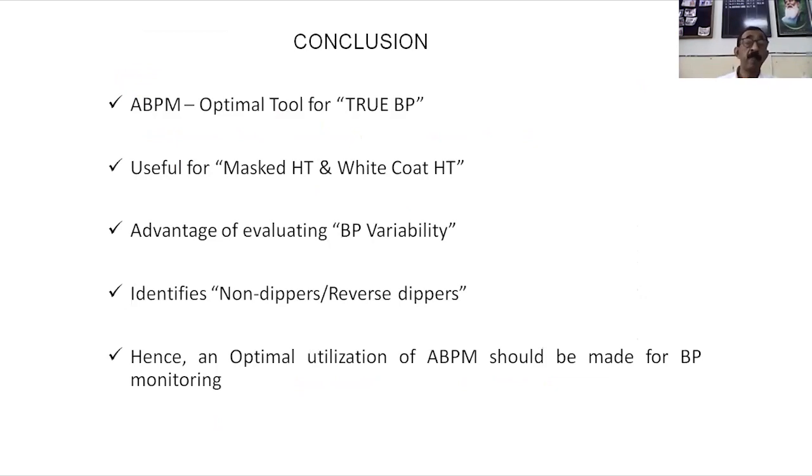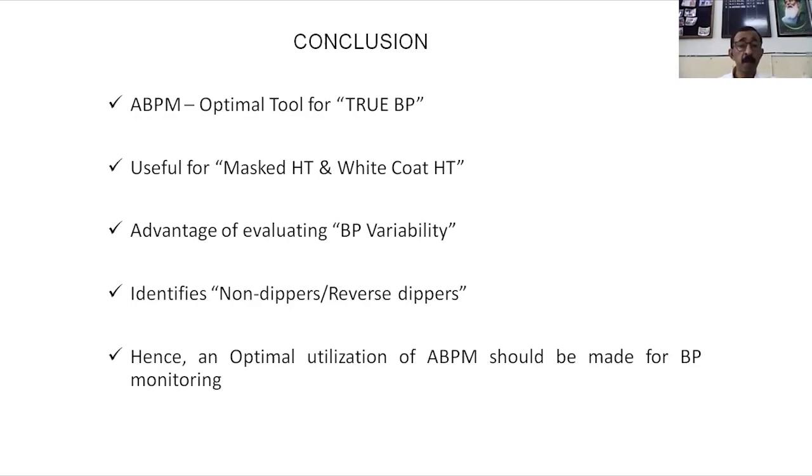So, dear colleagues, to conclude, I would say that ambulatory blood pressure monitoring is an optimal tool for recording a true blood pressure, to have as good an estimate of the true blood pressure as possible. Number one. Number two, it is very useful to diagnose masked hypertension and white coat hypertension. Number three, it carries an advantage of evaluating blood pressure variability.